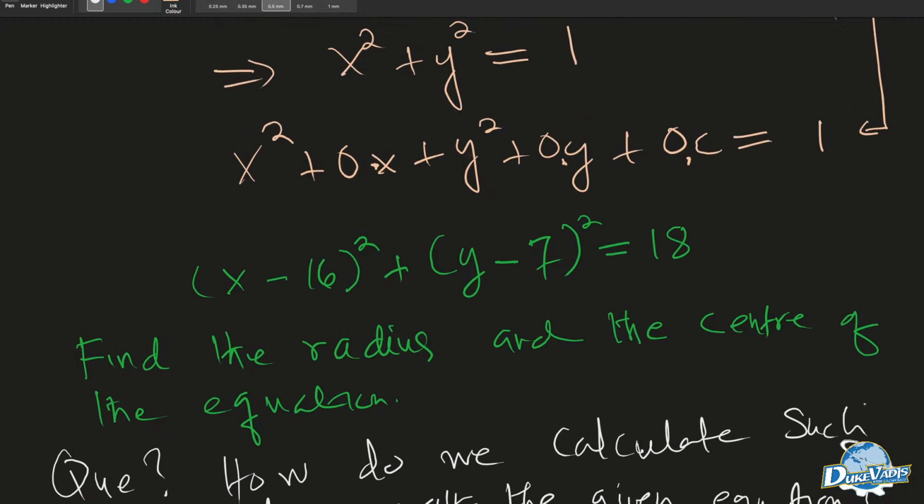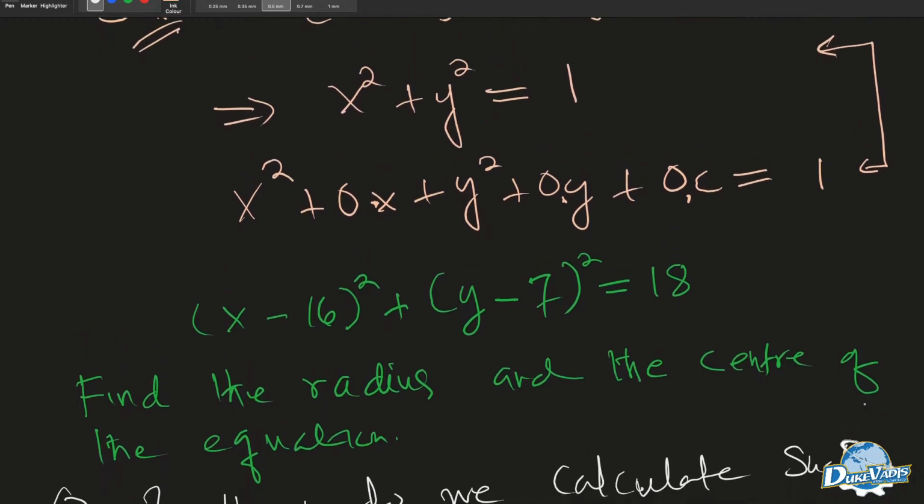So with a given equation, there's a question that we've been given, and we've been asked to find the center and also the radius of the equation.